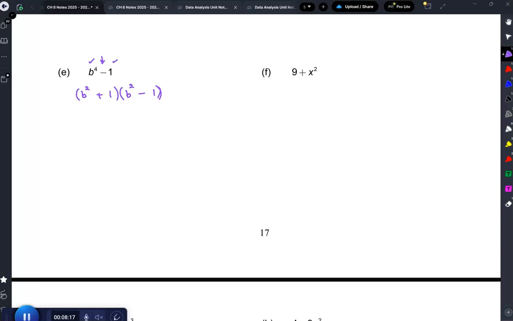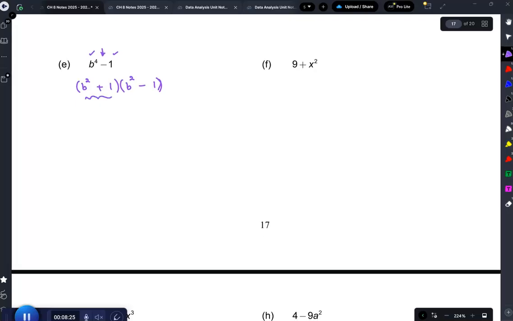Okay, but wait. B squared is a perfect square. 1 is a perfect square. Can I factor this one more? Yeah. Why can I not factor that one more? What's it missing? Negative. Yes, it has a plus, so it can't be factored anymore. Okay, because of the plus.